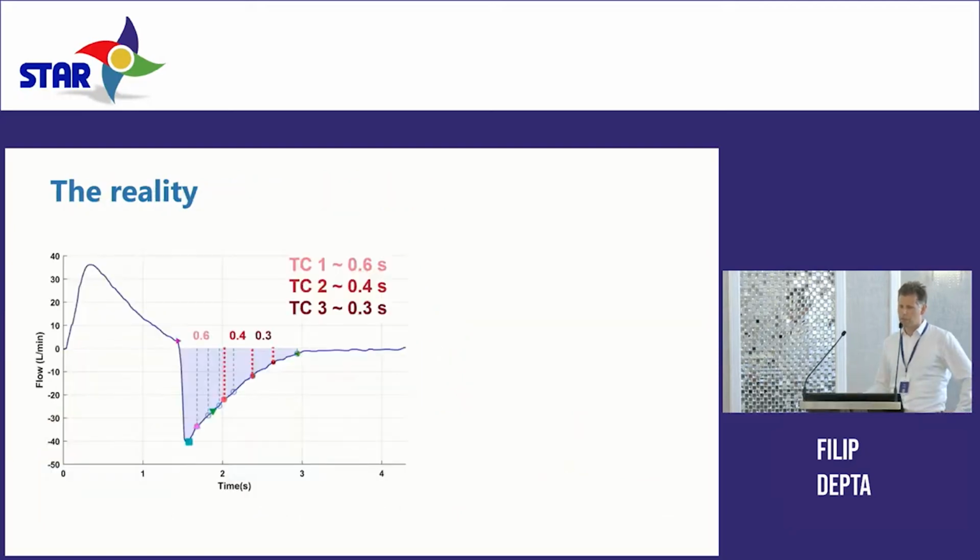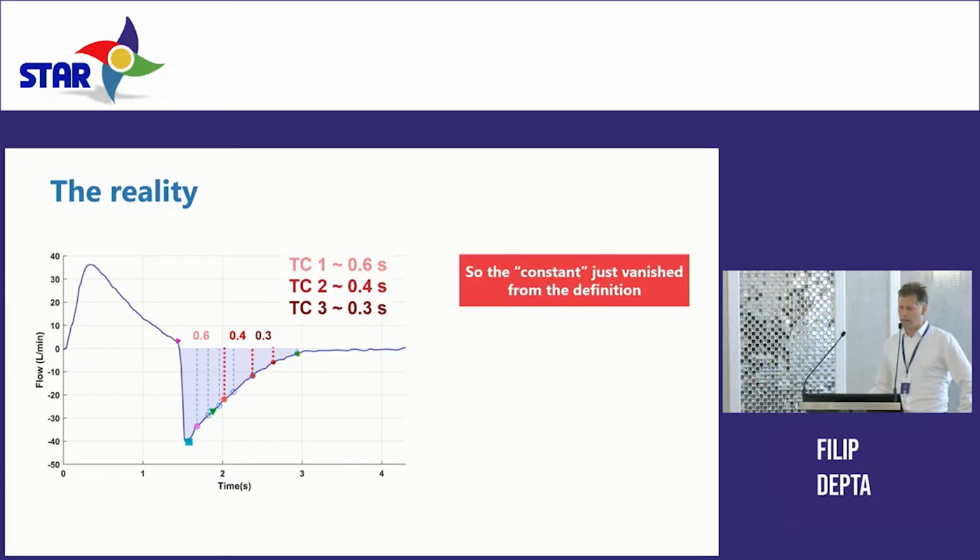When we did the measurements in post-op patients with protective tidal volume, we found a totally different thing. The first time constant, second and third are progressively shorter, and that is where the constant just vanished from the definition. The third time constant is roughly half of the first. So the time constant itself, as per the definition, does not exist.